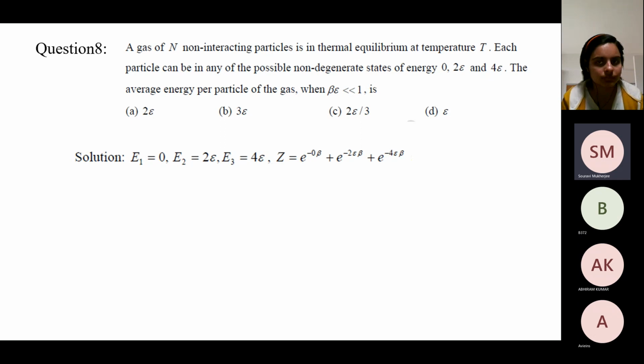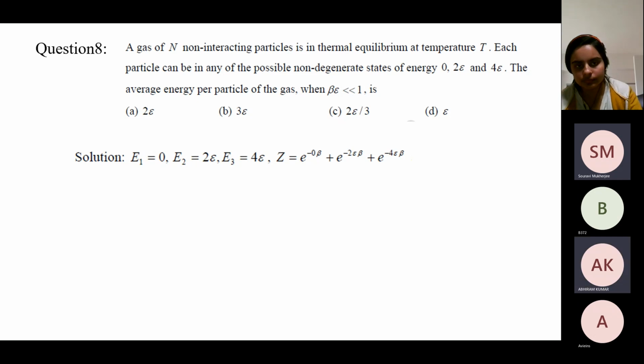Yes, ma'am. Try solving it. We just multiply 2 epsilon with e to the power minus 2 beta epsilon, because it is the average energy of a particle of the gas.